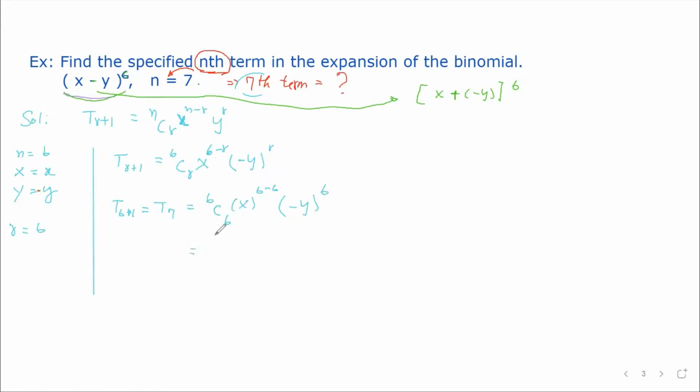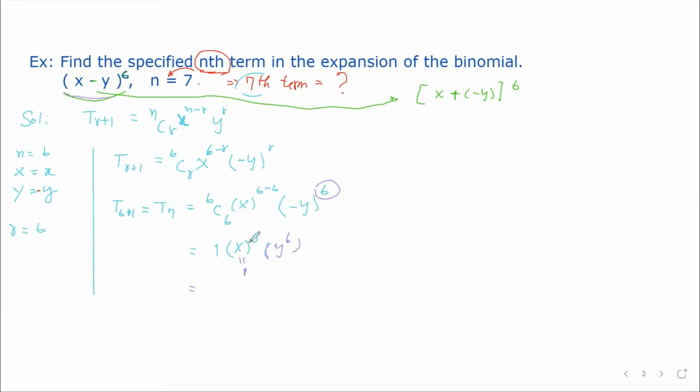Then simplify it. 6C6 is 1. x is what? x power 6 minus 6 becomes x power 0. Times y. Observe, this is an even index, so the sign should come out with a plus sign. So you have y power 6 with a plus sign. So for now we have 1, and this one equals 1, right?